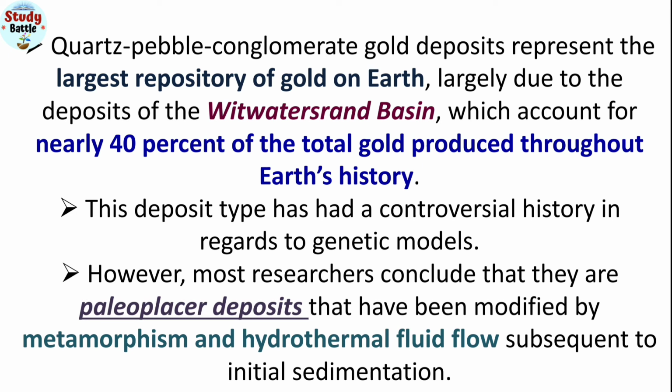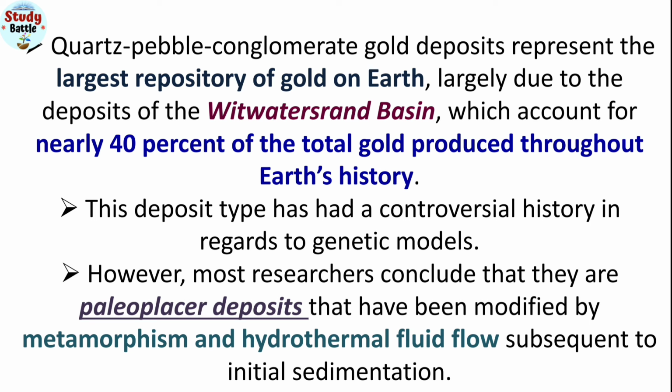The famous deposits in the Witwatersrand Basin account for nearly 40% of the total gold production throughout the Earth's history. About 40% of gold production overall on the Earth's surface comes from the Witwatersrand Basin alone.